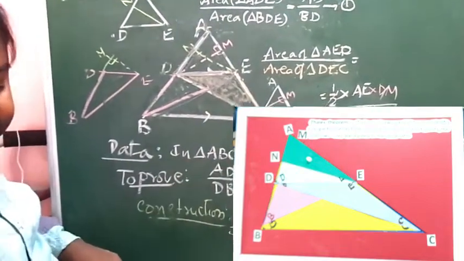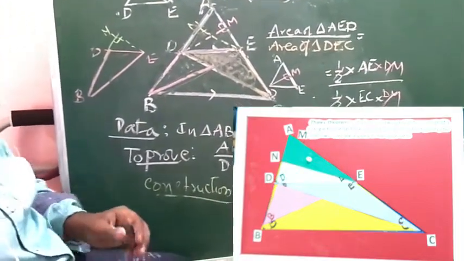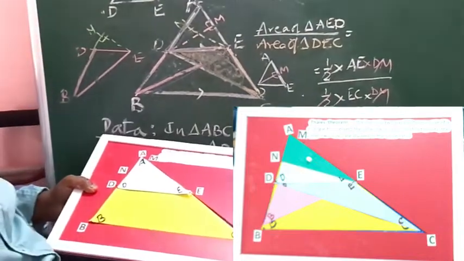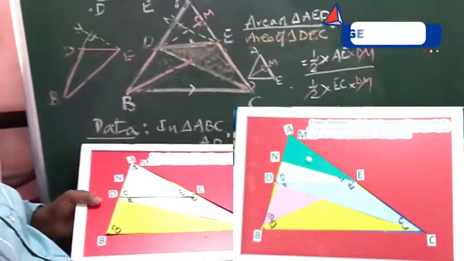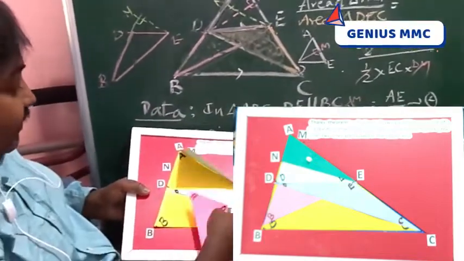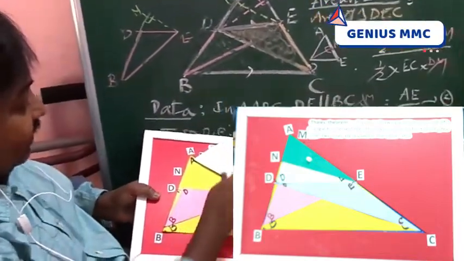CDE. But you know what we discussed in the notes: the triangles BDE and DEC are standing on the same base.